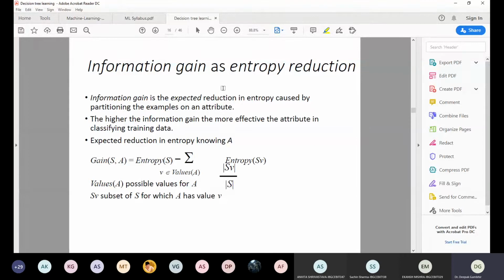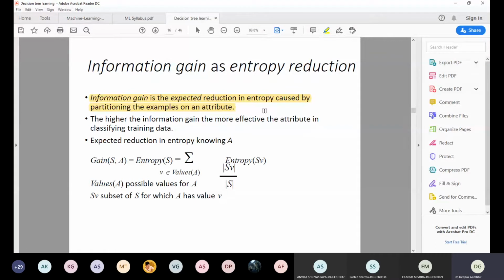In the case of a decision tree, we will try to find the information gain with the use of entropy. Information gain is the expected reduction in entropy caused by partitioning the examples on an attribute.